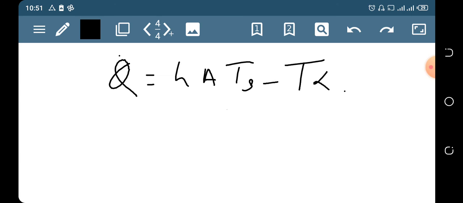Here we have the formula q dot is equal to hA times (Ts minus T infinity).